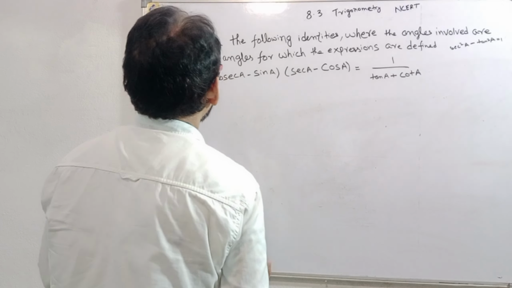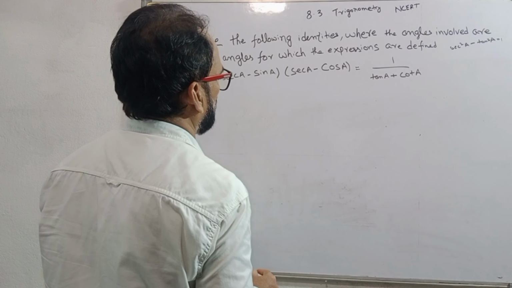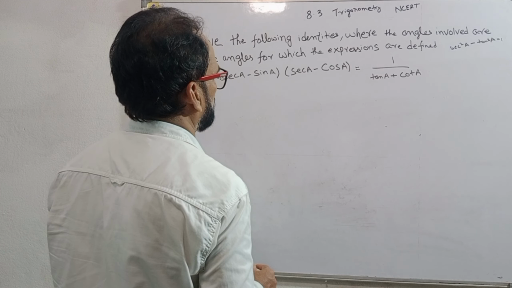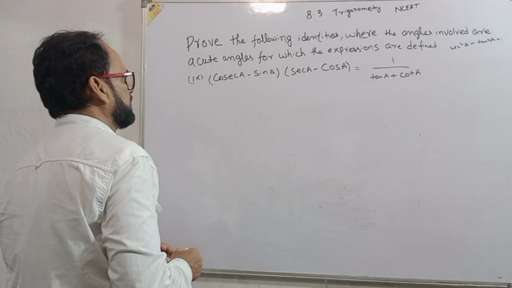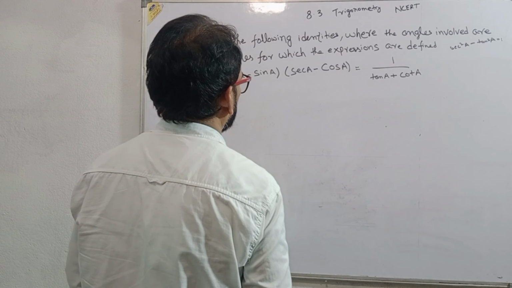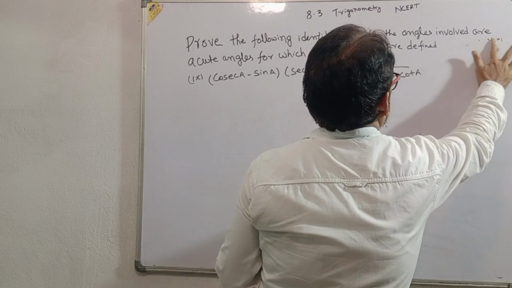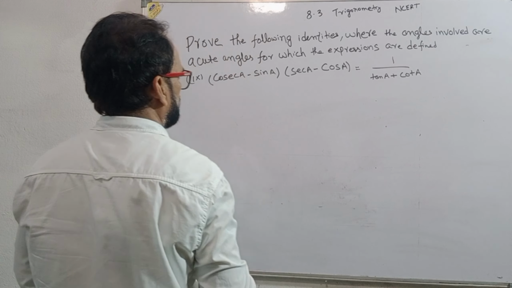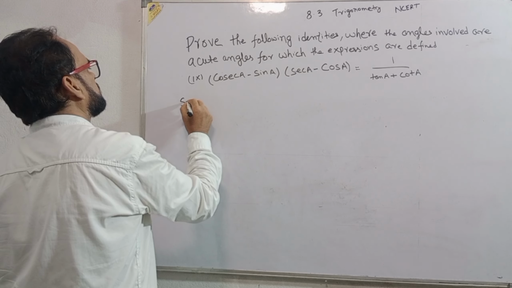Question. Prove the following identities where the angles involved are acute angles for which the expressions are defined. Cosec A minus sin A, sec A minus cos A. Prove this one, equal to 1 divided by tan A plus cot A. Now solution.